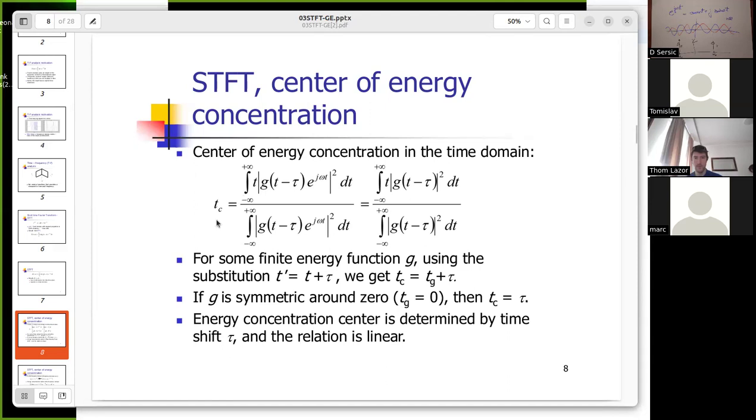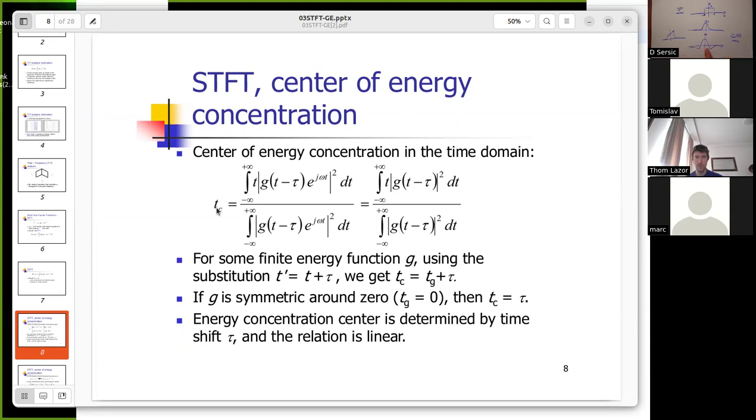So we can see that the center in the time domain for the short time Fourier transform depends exclusively on function g, our sliding window function, not on cosine and sine. It disappears from the calculation.